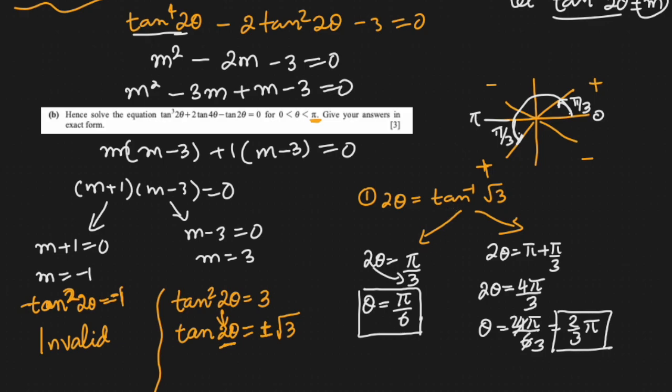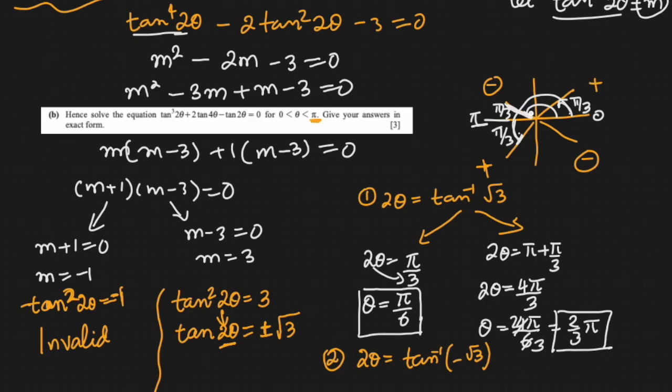Now our second option is 2 theta equal to tan inverse minus square root 3, and for that we'll take the negative quadrant, these two quadrants. So our first angle in that will be up to this line, but the angle is pi by 3 again, because negative sign is taken care of by the quadrant, but the angle remains pi by 3 here. So it will be pi minus pi by 3.